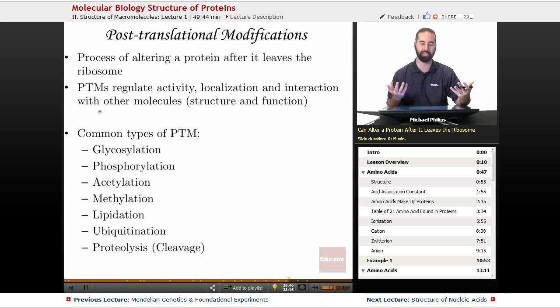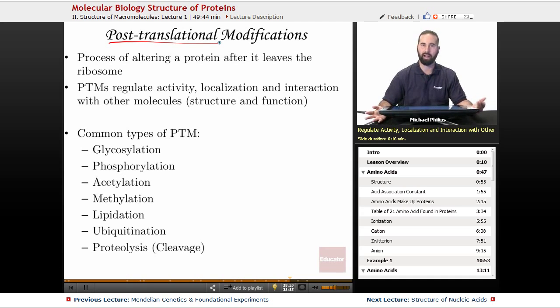So after translation. That's why it's called post-translational modification. So these post-translational modifications can regulate a protein's activity. It can regulate its localization, as well as how it interacts with other molecules. So it can alter its structure. It can alter its function.